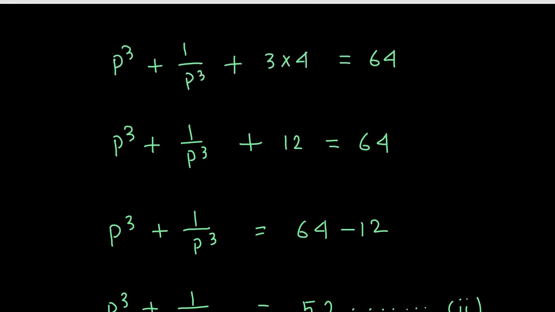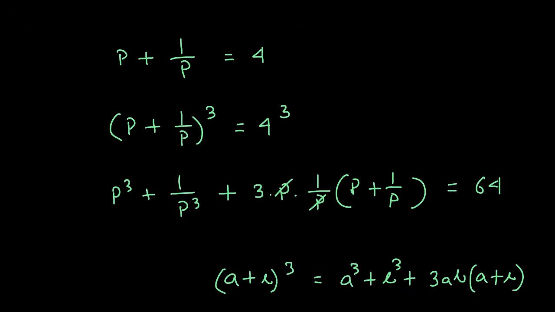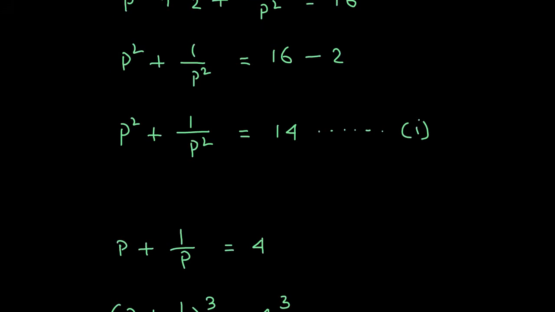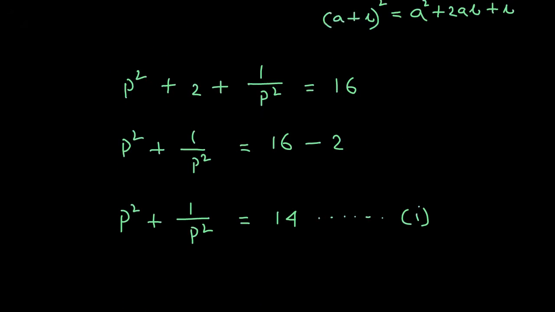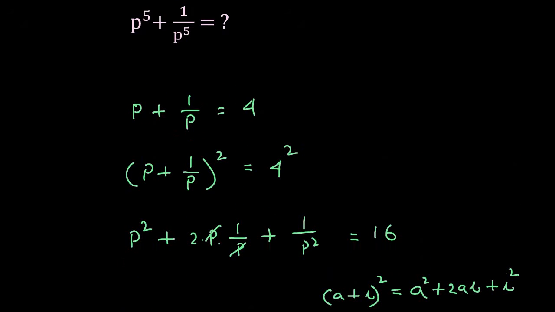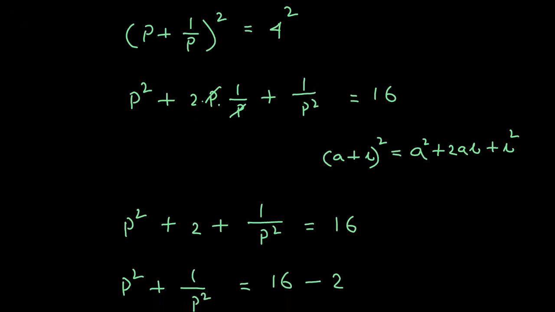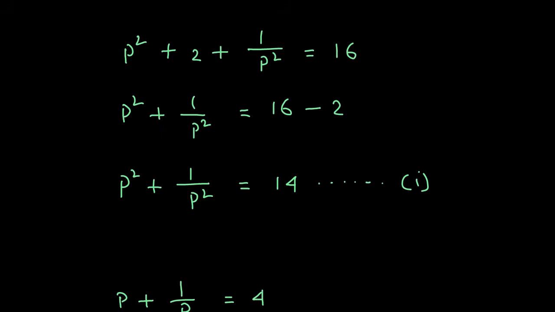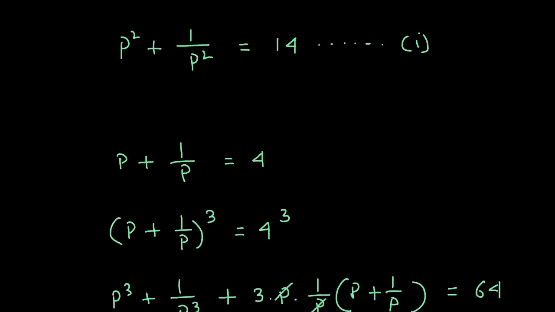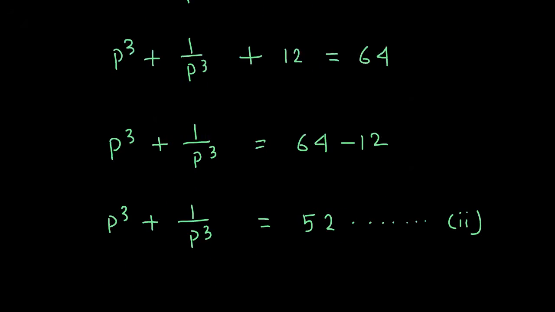Now, if we multiply equation number 1 and 2, we can get the value of p to the power 5 plus 1 by p to the power 5. So, we'll multiply equation number 1 and equation number 2.